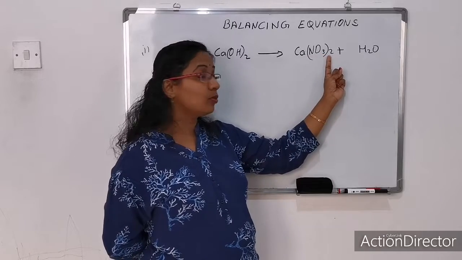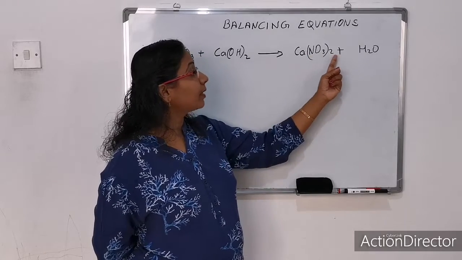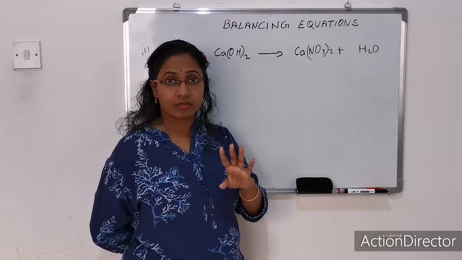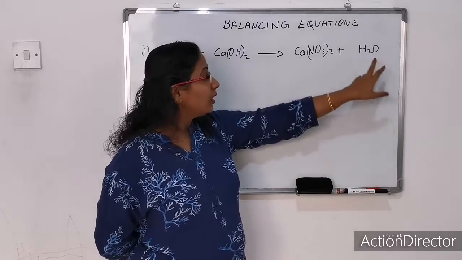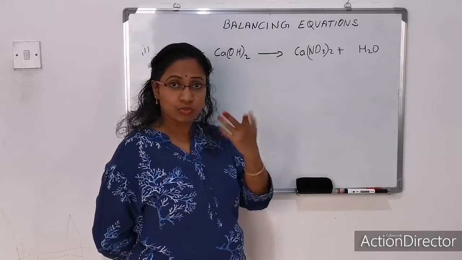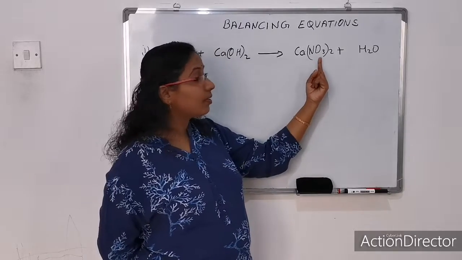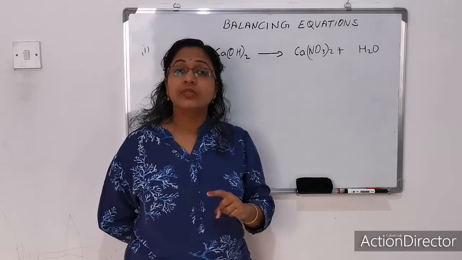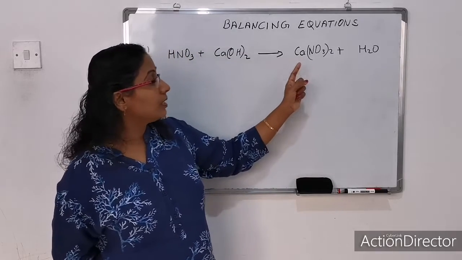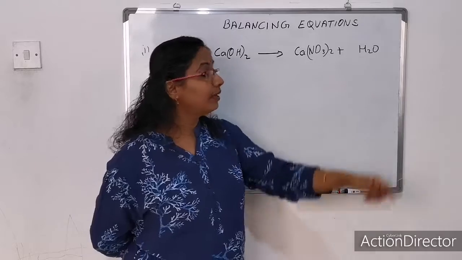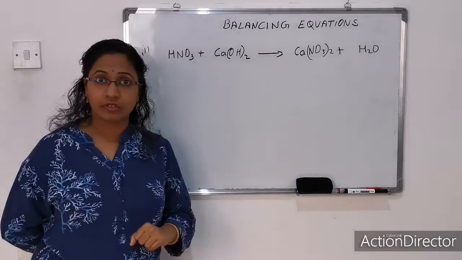O becomes 3 into 2, that is 6, and N becomes 2. Ca is 1, H2 is 2, and O is 1. So here O is 6 and here O is 1, so the total O is 7. Ca is 1, N is 2 and H is 2. So this is our basic equation.